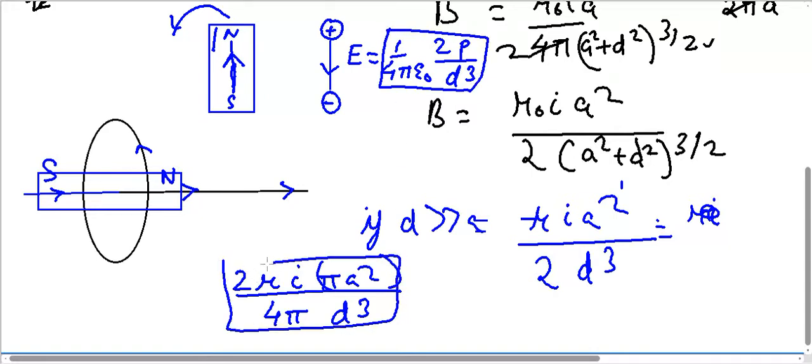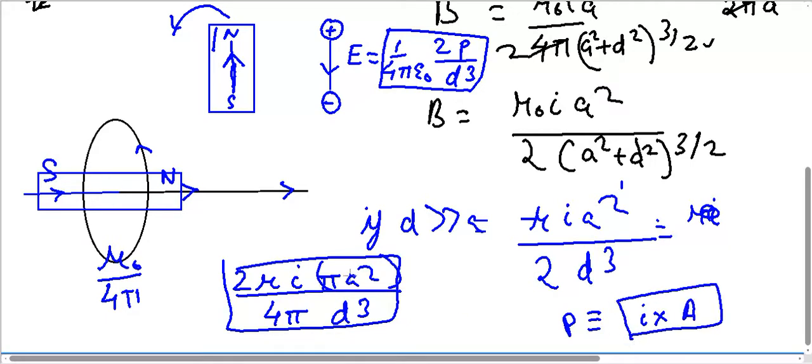They are very similar to each other. There is a 2 term here and there is a 2 term here, and there is a constant. In this case the constant is 1 by 4 pi epsilon naught. Here the constant is mu naught by 4 pi, and P, the dipole moment, is equivalent to current into area, and D cubed is common.